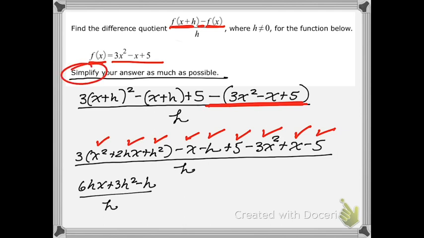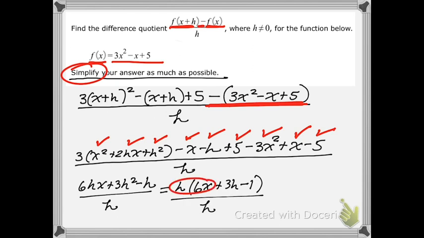But it says simplify, so we have to keep going. I see a common h here. If I factor out the h, I'm left with this expression. We can check that.